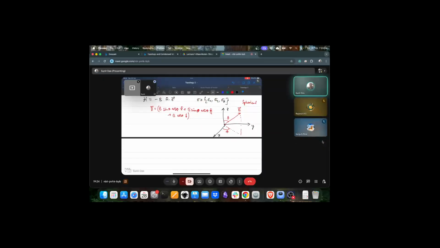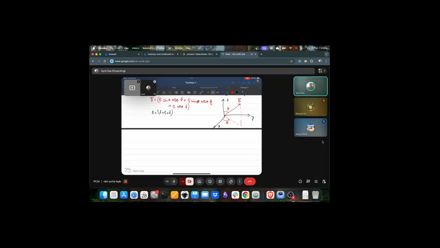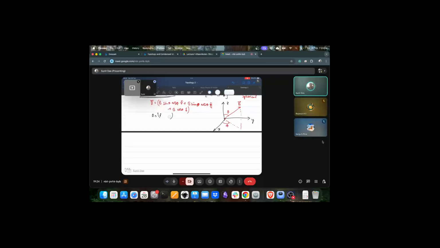Okay, so if you write the Hamiltonian in the matrix format, what will happen? This is our Hamiltonian, and n cap is just the unit vector. So n cap is essentially x cap plus y cap plus z cap, and of course, it's a unit vector. So let me write it in the vector form.